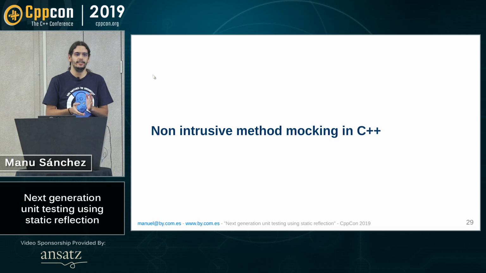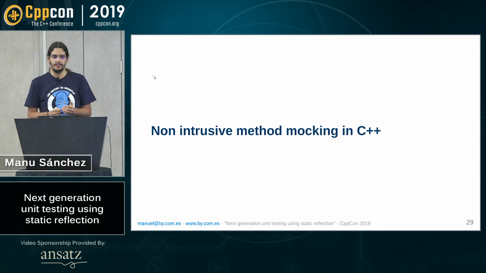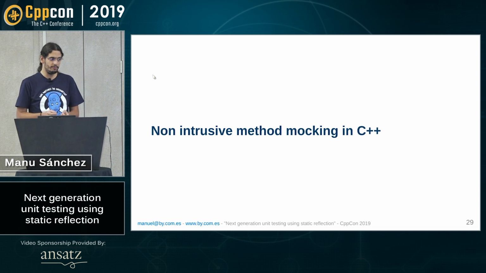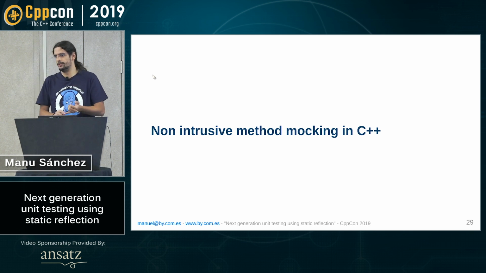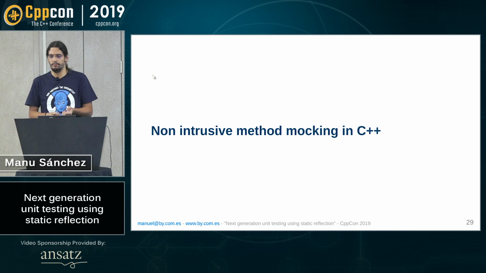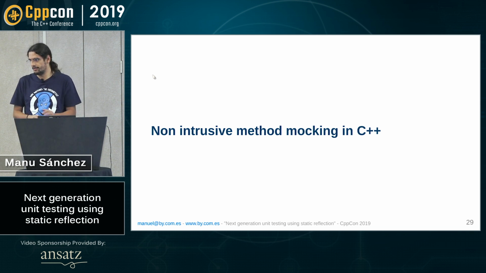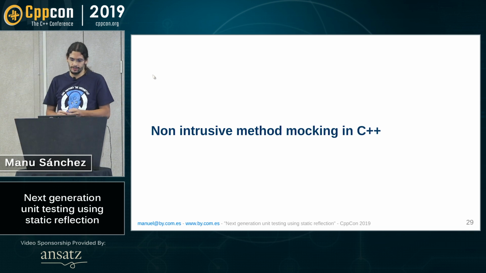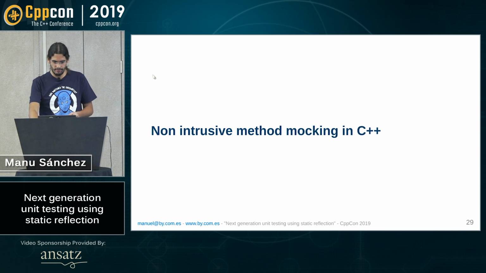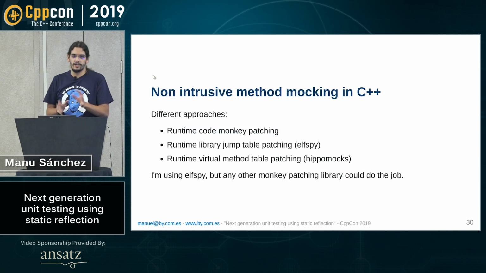First, let's look at how to implement non-intrusive mocking of C++ methods in this case, okay? To simplify the talk. We can also mock free functions or whatever, but let's stick only to C++ class methods. There are different approaches.